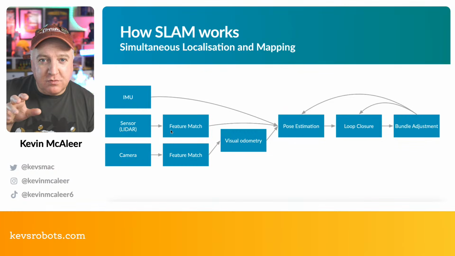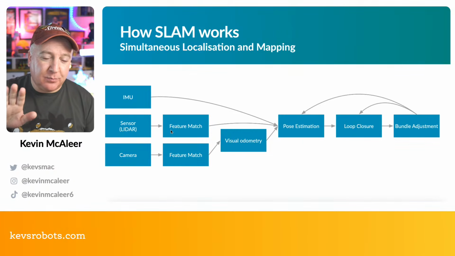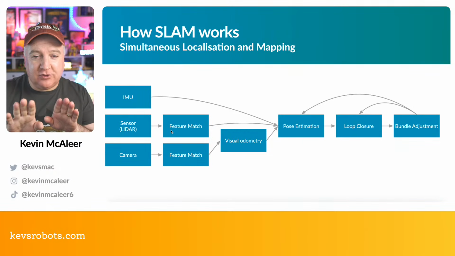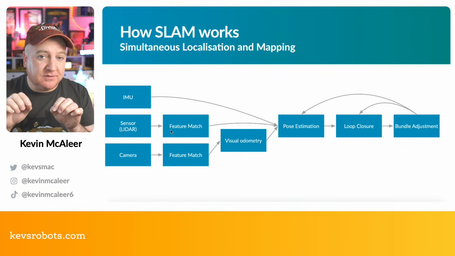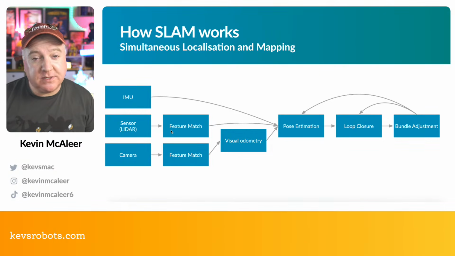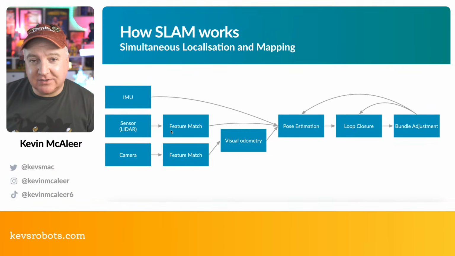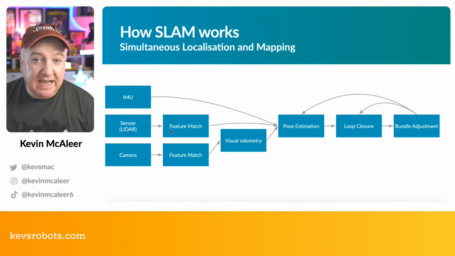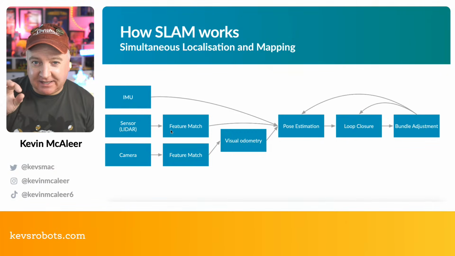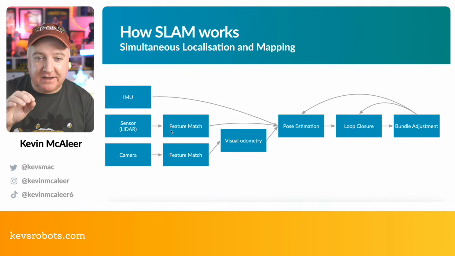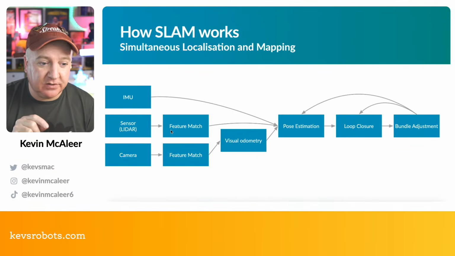And then when you move the mouse, it then compares the previous image with the new image and tries to match up features. So this is why optical mice don't work very well on glass, because glass is just reflecting back everything. It works best on a textured surface where it can see things and it can find those features, match those features, and then work out what the difference between the two is.